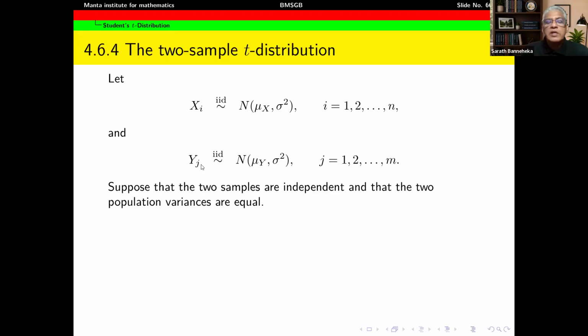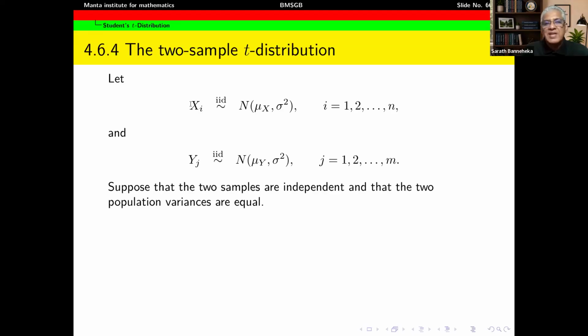And suppose we have another random sample y1 up to ym coming from a normal distribution with mean mu y and the same variance. Let us assume that both normal distributions have the same variance. So y1 up to ym are independent and identically distributed with the same normal distribution.